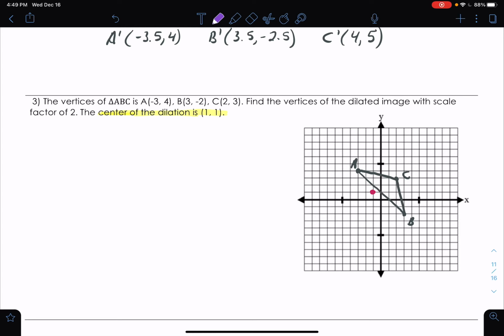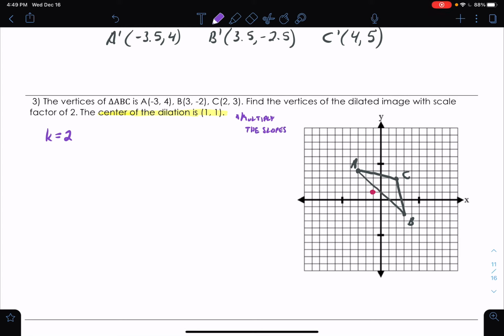We're given that the scale factor is 2. So I can't multiply the coordinates, because my center is not the origin. Instead, what I'm going to do is multiply the slopes. Okay, what do I mean by that?